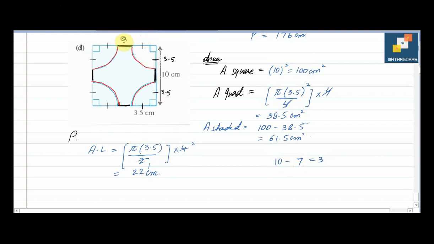That means this length is 3, 3, 3, and then 3. How many 3's do we have? We have 4 3's, that means 12. So you need to add 12 to those arc lengths. So 22 plus 12 is 34 centimeter, and that is the perimeter of this shape, right?